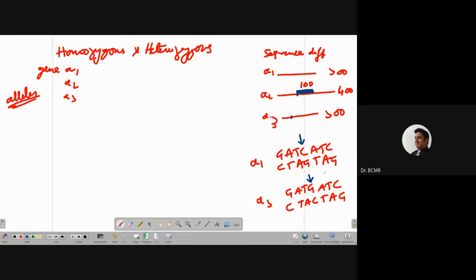I'm just assuming that I picked a small part of it. In this position, there is a nucleotide polymorphism, in the sense there is a change in that sequence. Those are called SNP, single nucleotide polymorphism. You must have read it long ago in mutations, molecular genetics, and so on.